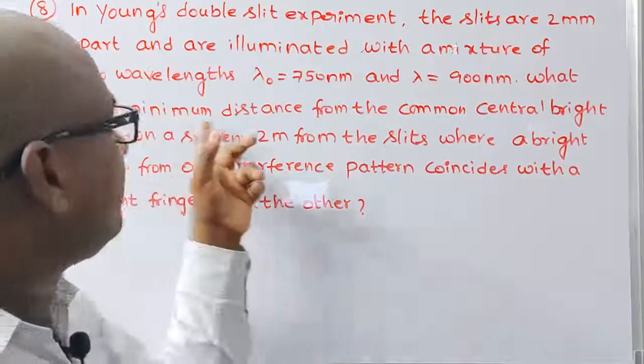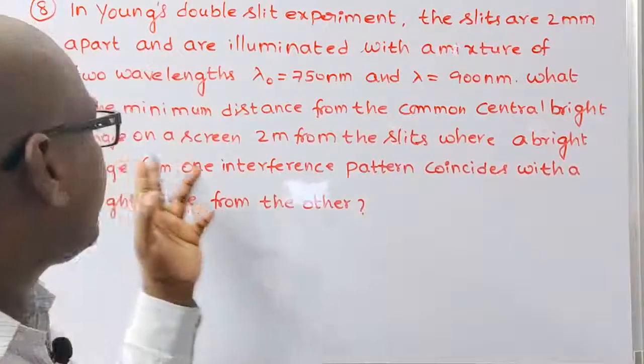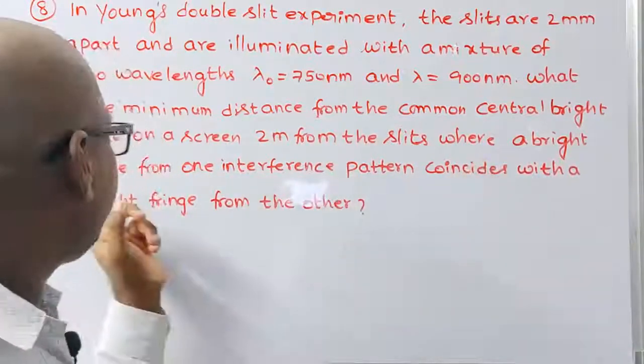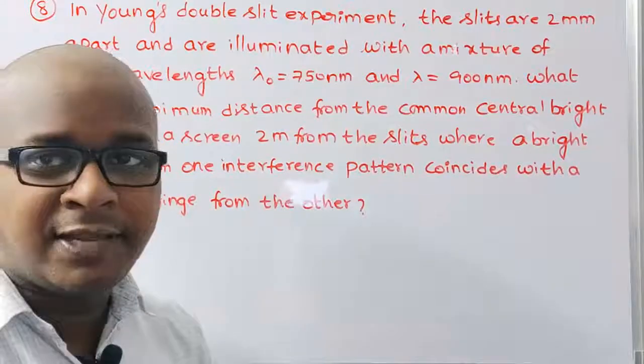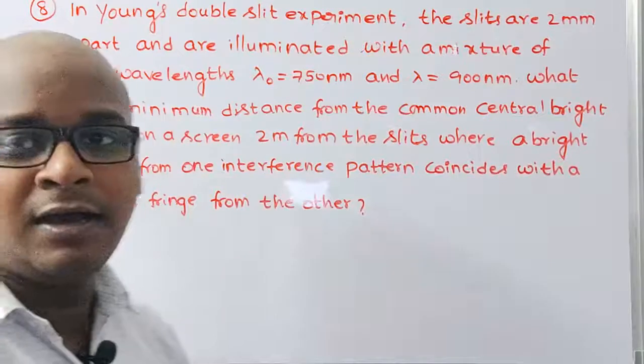What is the minimum distance from the common central bright fringe on a screen 2 meter from the slits where a bright fringe from one interference pattern coincides with a bright fringe from the other?